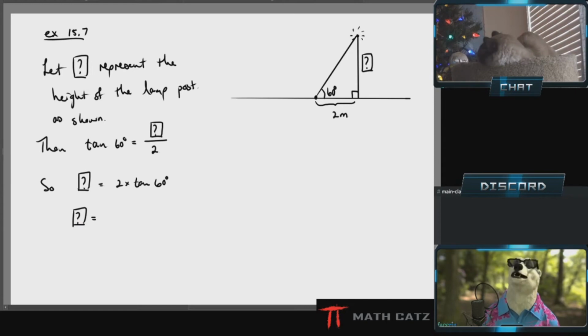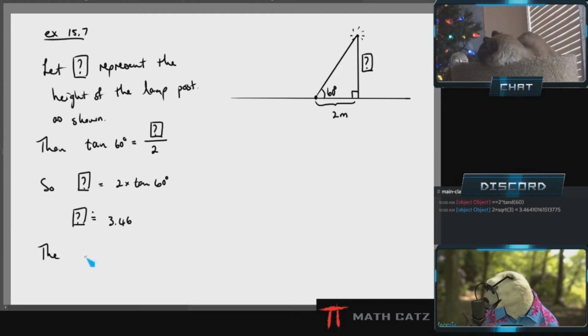But there's a stepwise procedure to this that leads me to the answer. I don't care what the answer is originally. Now I have a calculation: 2 times tan, again in degrees here, of 60, and we get a final answer of 3.46.